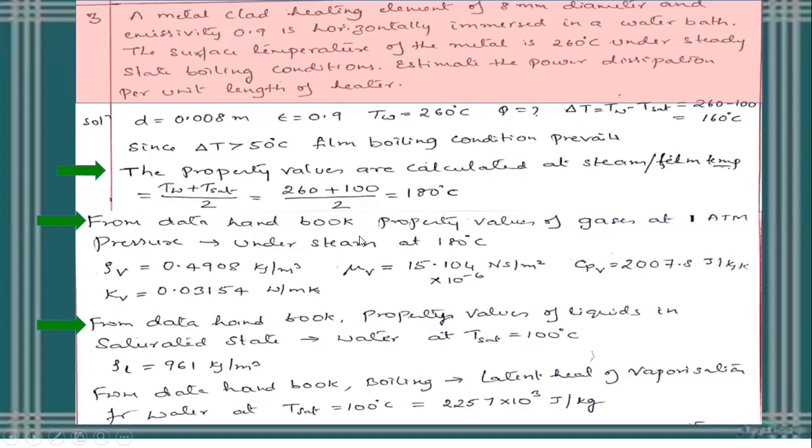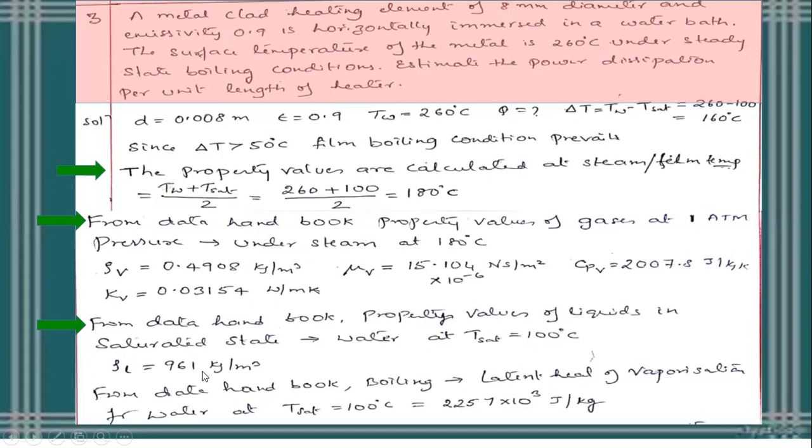So at 180 degrees centigrade, go to the steam table as I showed in the first problem, and get the values of rho V density, mu V, CPV and KV. You obtain these values from the steam table at 180 degrees centigrade. Again, go to the properties of the liquid as shown for the water. But here you have to take water boiling at 100 degrees centigrade, so take the density, saturation temperature and latent heat of vaporization, which is 2257, at 100 degrees centigrade only.